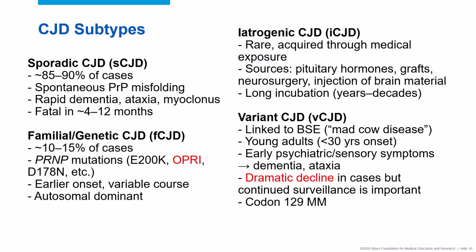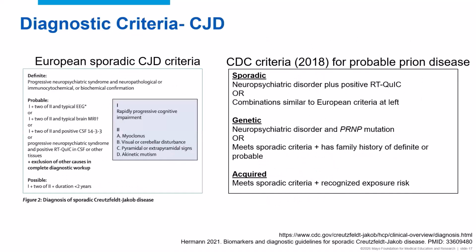But if you remember the mad cow scare, it was due to the cattle, mainly in the UK, that were carriers or had CJD, and then consumption of this meat or tissue was able to transmit disease into humans. Again, there's been a dramatic decline in cases, but we continue to surveil this in the general population. So those are your 4 main forms.